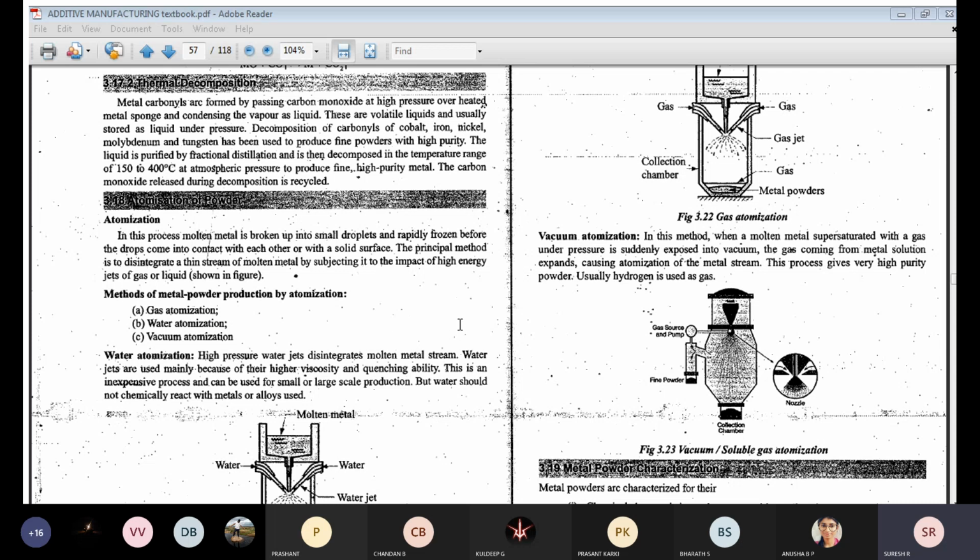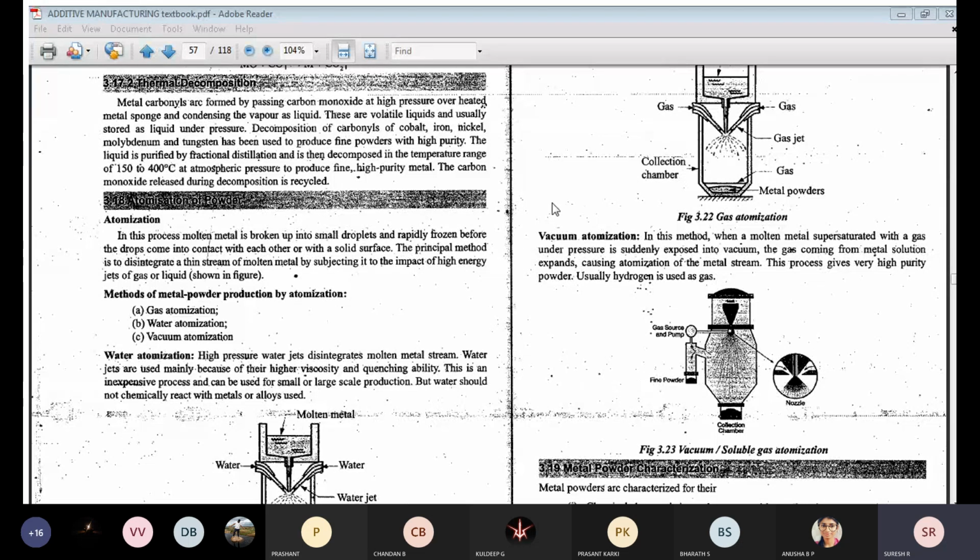So you can ask why this is quite important. The fine powder we get with the help of the atomization process can be used to obtain important complicated parts that are impossible to manufacture by any other means. By using these powders we can make different gears and other parts.